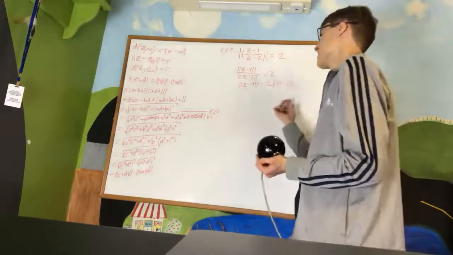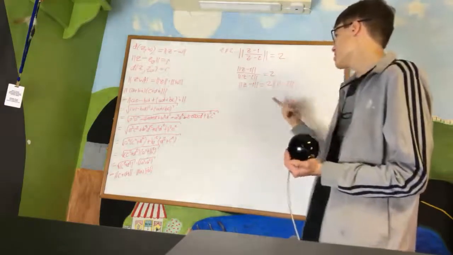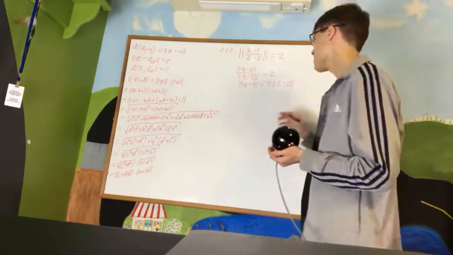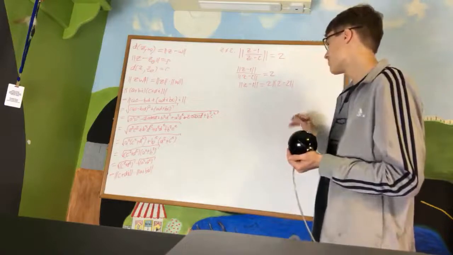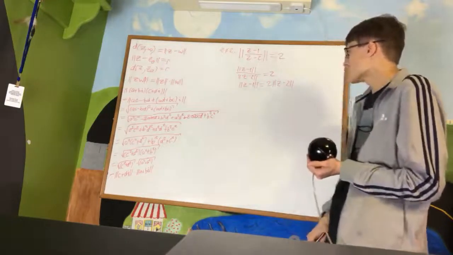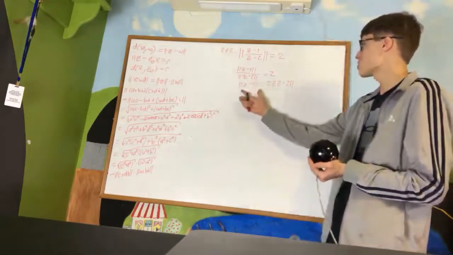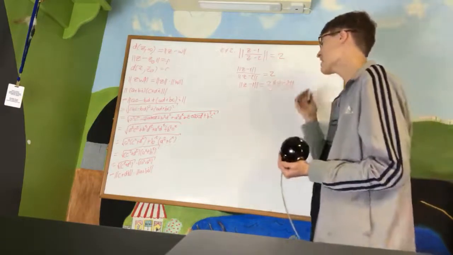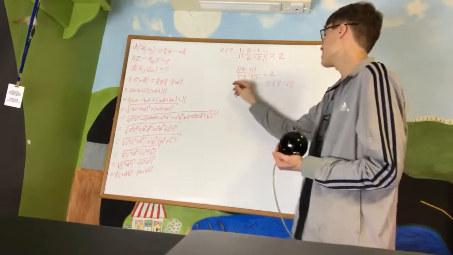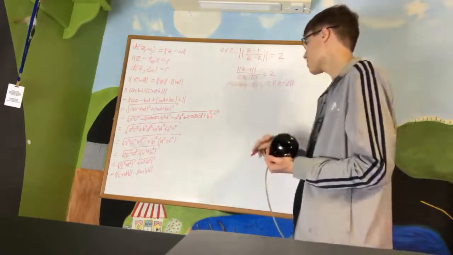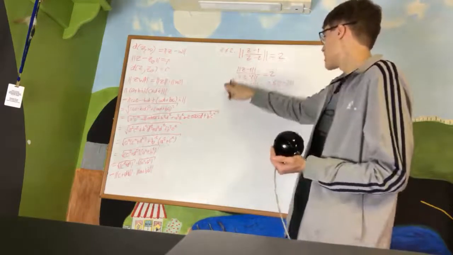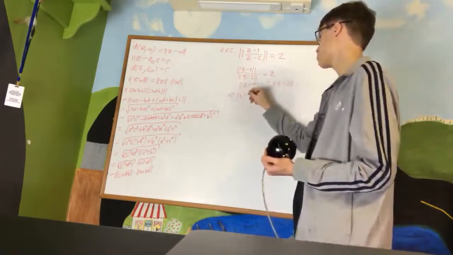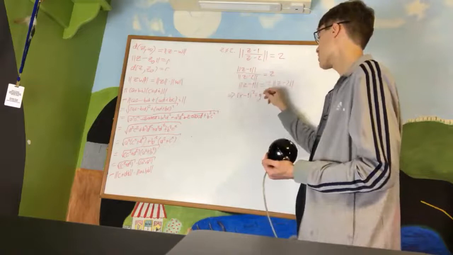Alright, let's use the definitions of magnitude. Now I'm going to use the fact that this is a circle and that this is also a circle. In theory, if I set this equal to some constant r squared, then it'd be a circle. So what I could write this as is x minus 1 squared plus y squared.